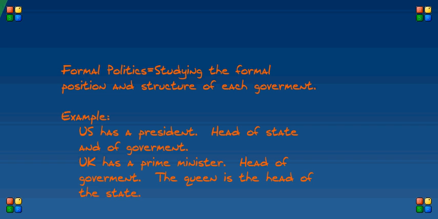We can also compare countries by studying their formal politics, and what I mean by formal politics is the actual structure of the government. For instance, a simple example would be the United States has a president and the UK has a prime minister. We can also compare the bicameral legislature.